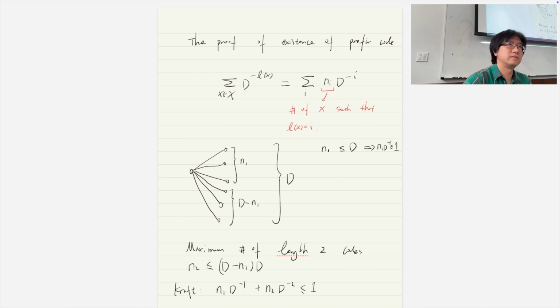So we just use it here. Now let's manipulate it. Let's multiply D squared on both sides. So n1 times D plus n2 is less than or equal to D squared. Then let's solve it. n2 is less than or equal to D squared minus n1 D, that is D times (D minus n1).